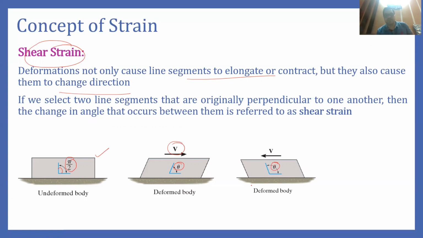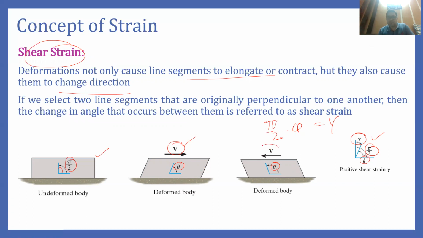So what is the change in the angle? That change in angle is basically the shear strain. If theta is decreasing, we call the change in angle lambda, which is calculated as 90 degrees minus theta, so in this case pi by 2 minus theta will be lambda. We term this as positive shear strain because it is developed by the shear force acting left to right.